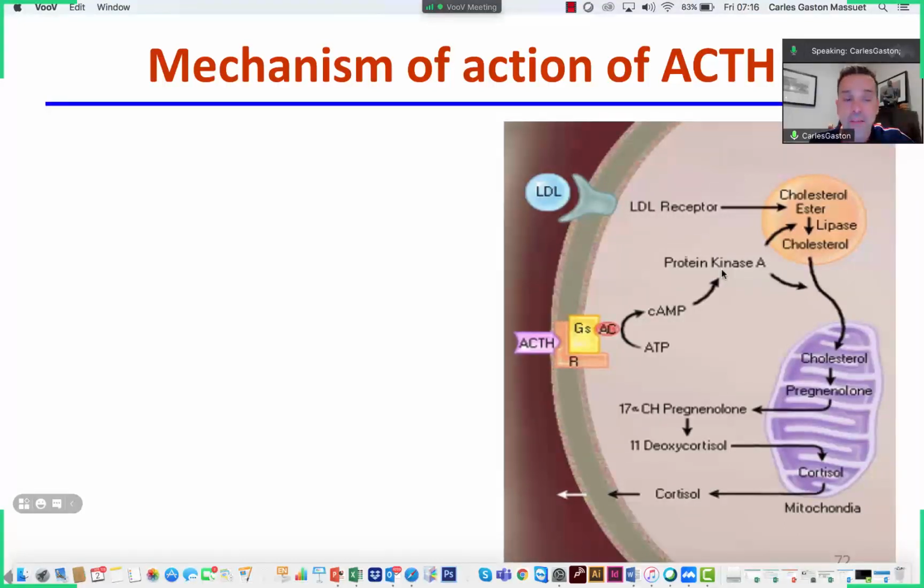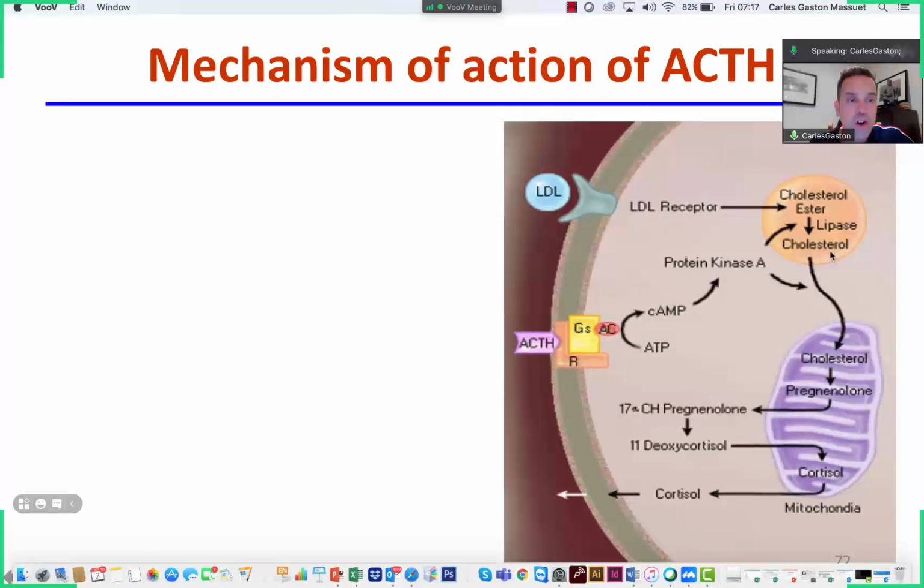At the same time, steroids, remember from the class yesterday, are from lipids, which are kept in lipid droplets inside of the cells, and they come from the LDL. Remember the video from yesterday that has a receptor, and basically it invaginates and forms these droplets.